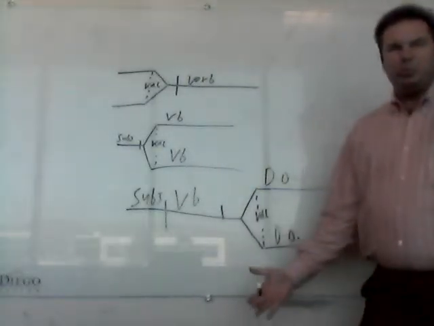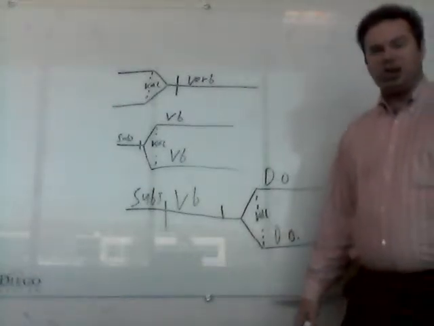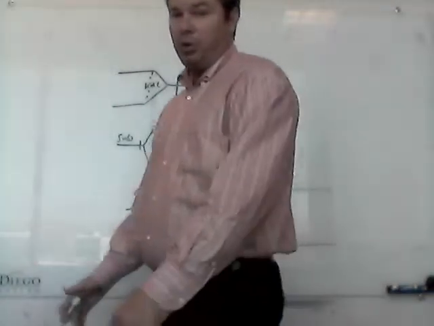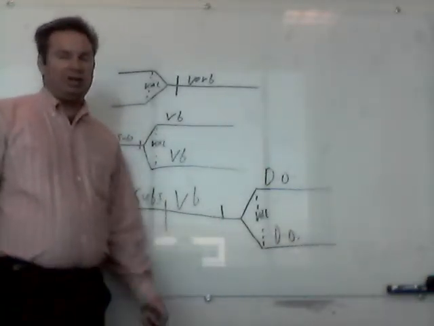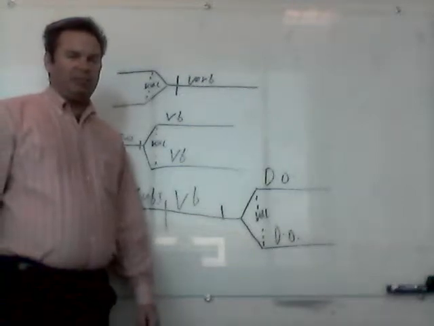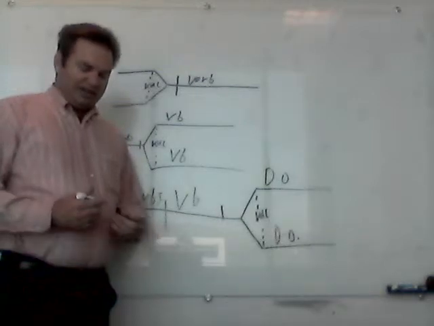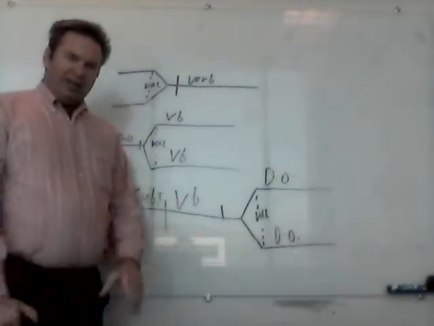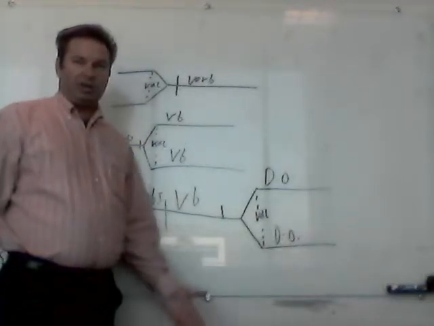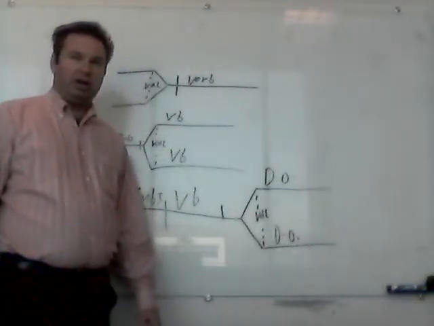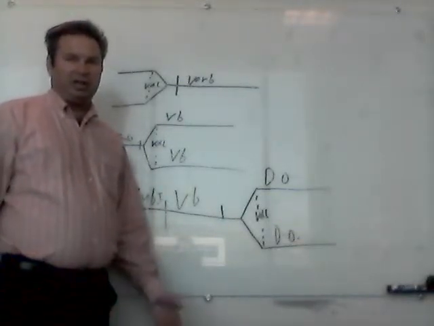You're also by no means limited to two direct objects. There could be three, there could be four. The same thing with the subjects. But the point is these are different kinds of compound things. For a compound sentence, you have more than one verb. But you can have a compound subject, which is two subjects separated by kai without having a compound sentence. You can have a compound direct object, which means two direct objects, or more.